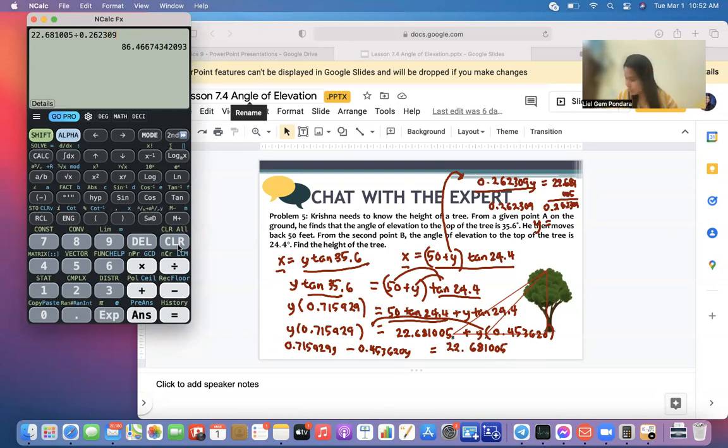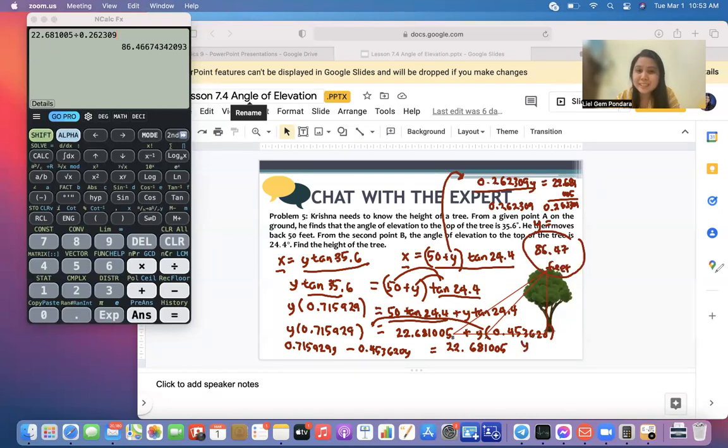The answer for our y is 86.47 feet. Questions? We're not yet done. It's still for the y, right? The distance from A to the tree. This one is y.